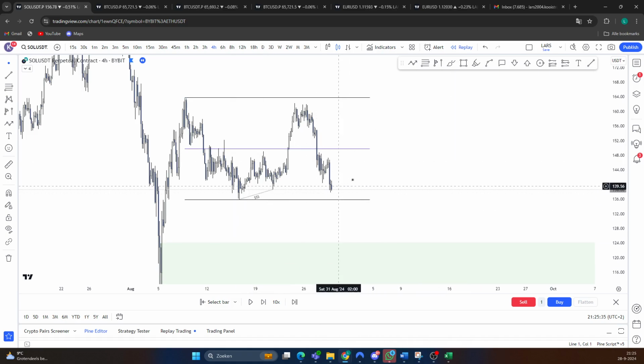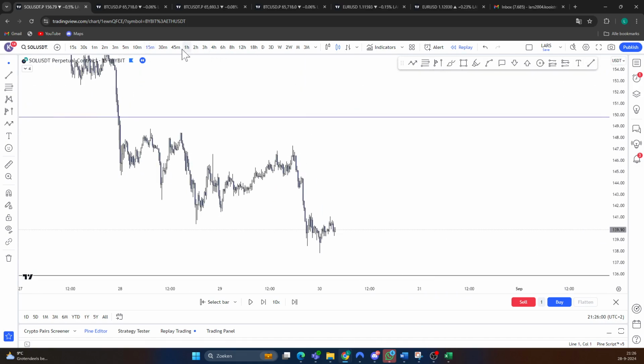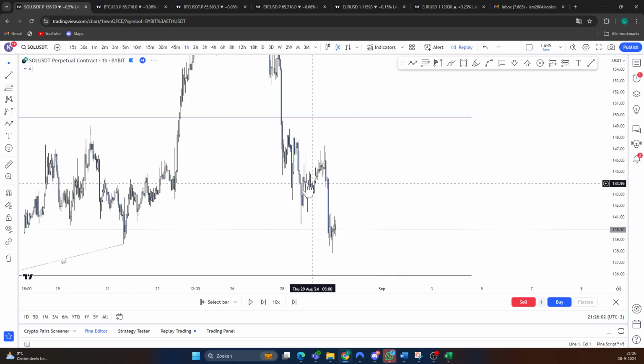So if we get a confirmation to go short, it's definitely still valid to take. And obviously, if we have a high probability setup itself, we can just neglect the bigger context and trade the high probability setup.